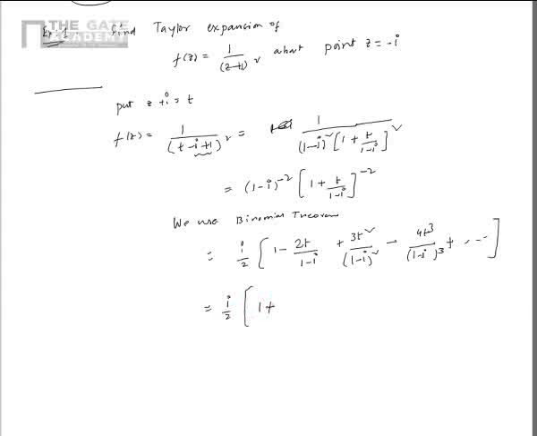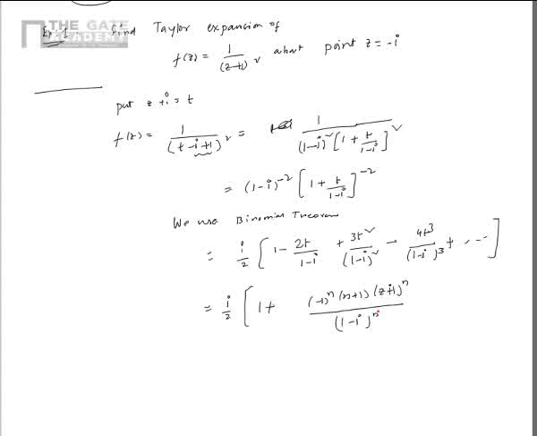So this will become i by 2 times the sum of 1 plus, and now the general term can be written something like this: minus 1 to the power of n plus 1, then you have (z plus i) whole power n. I'm just substituting t back as z plus i, and I'm keeping the i as it is.